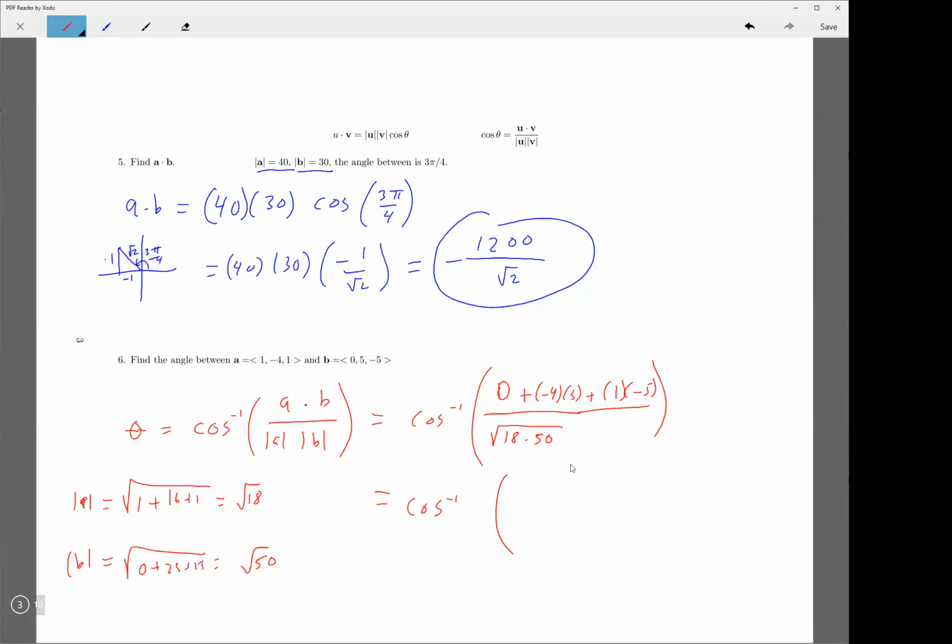That's negative 20 minus 5, that's negative 25 up in the numerator. And in the denominator, that's just a 30, isn't it? Because this is 900, and the square root of 900 is 30.